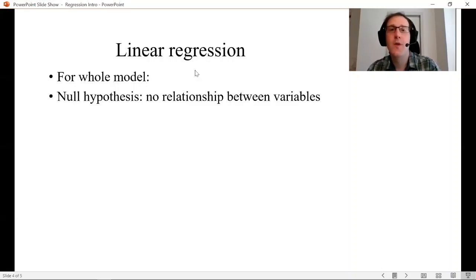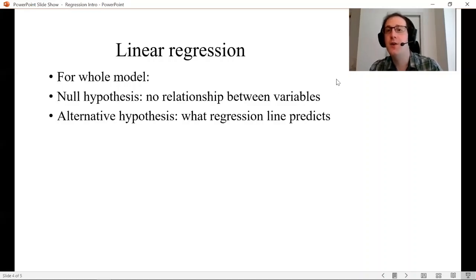So one of those is for the whole model. That is for the entire regression with all of the independent variables included. So if you have a null hypothesis, that would be that there is no relationship between the variables at all.